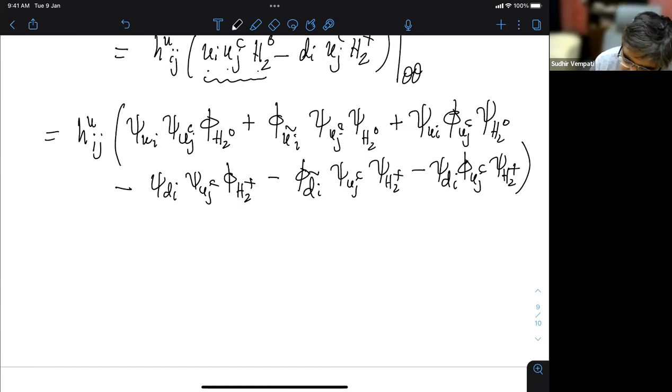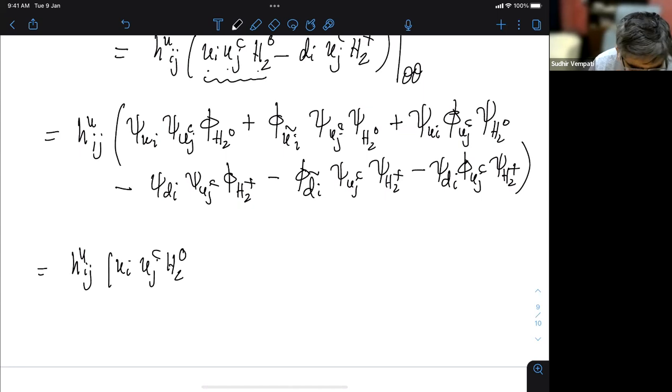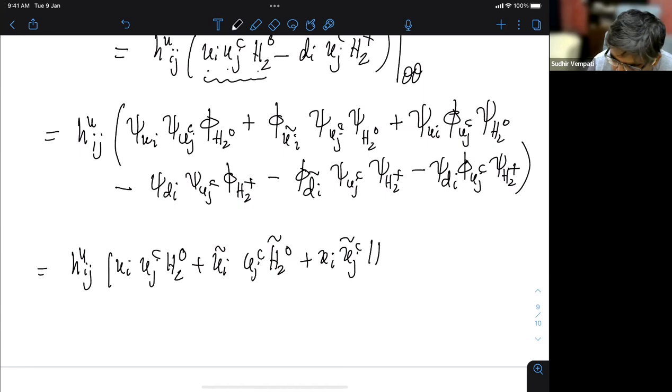So let's write them in the compact fashion. H_uij, U_i, U_jc, H_2^0 plus U_i tilde, U_jc, H_2^0. And this is in the component form. U_jc tilde, H_2 tilde 0.